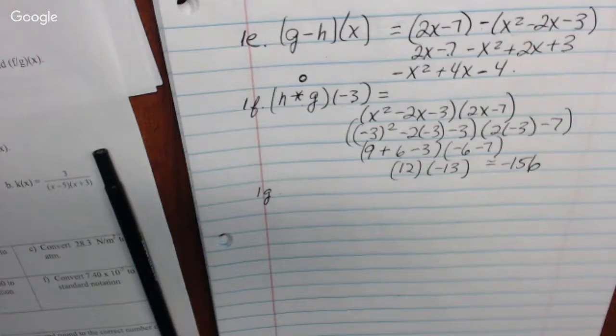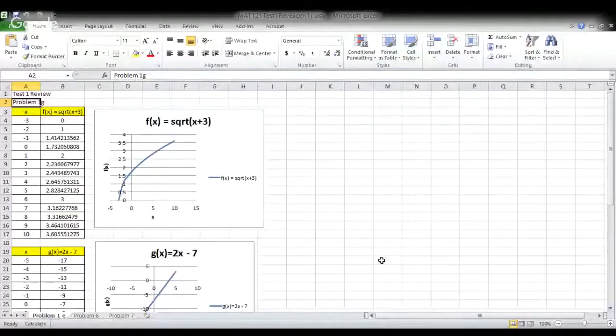Give me a minute. I was going to try to pull up the Excel. I think I got it here. There we go. It's always a little tricky. Okay, so you should be able to see now my Excel file.